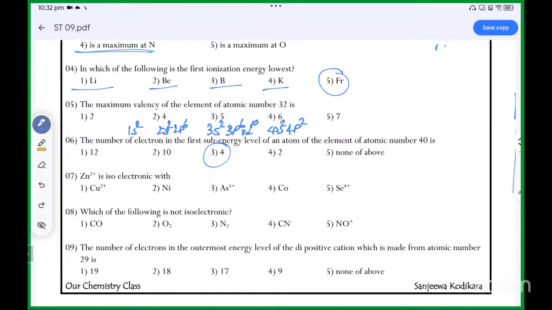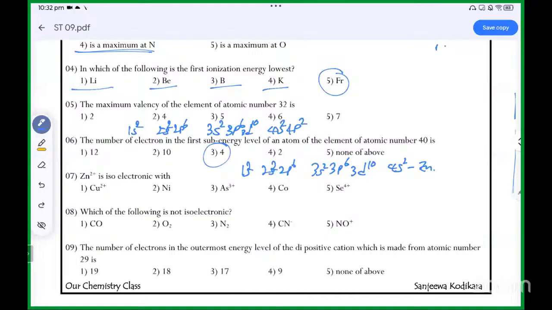Atomic number is 30, right? So that should be 1s2, 2s2, 2p6, 3s2, 3p6, 3d10, 4s2. So that is the zinc.